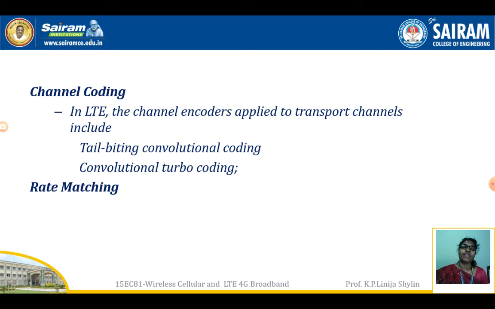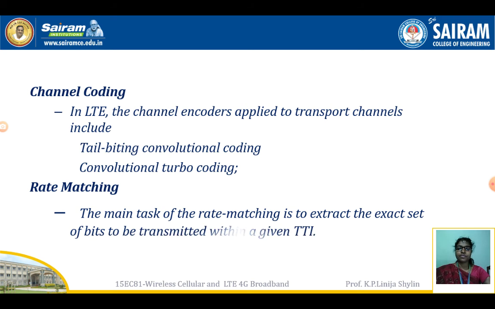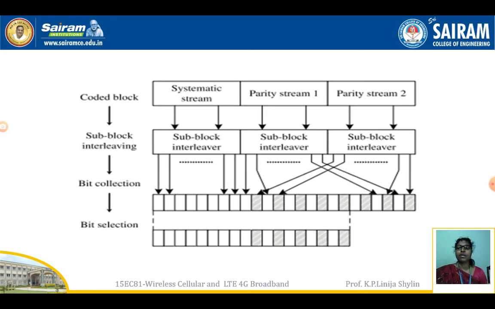Already we were aware that each transport block has a transmission time interval, and in LTE the transmission time interval is defined as 1 millisecond. So this is the block diagram for rate matching.